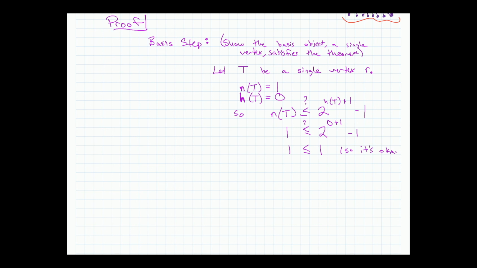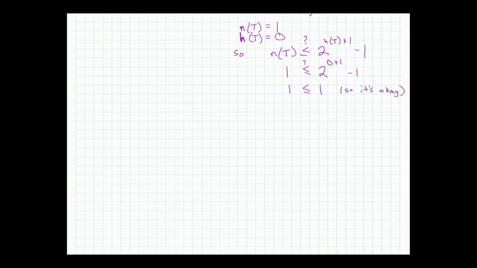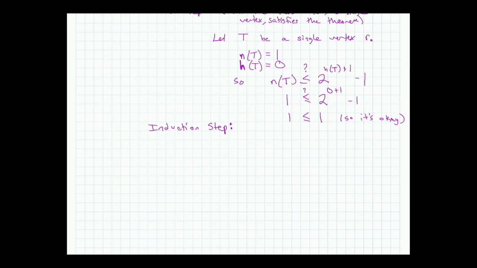All right. Now we need to do the induction step. For the induction step, what you have to do is you have to assume that everything that you build objects out of has the property that you're looking for. So in the induction step for full binary trees, you have a T1 and you have a T2.